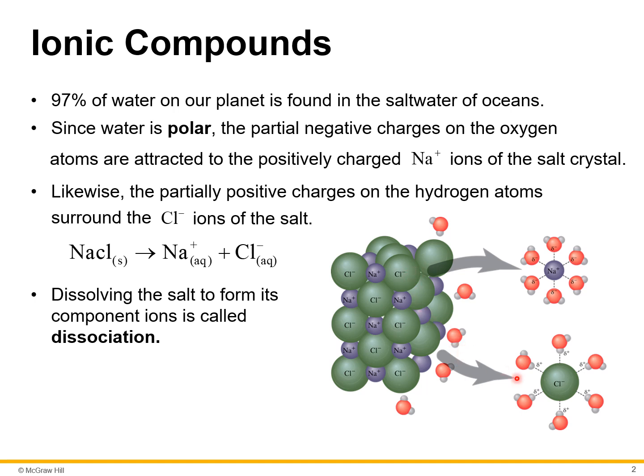So if you look here, it dissociates and we have the Cl minus, which is surrounded by water molecules, the hydrogen end, and we have the sodium, which is surrounded by water molecules, particularly the oxygen end, the negative. And this happens over and over again, and eventually all of the salt will dissolve.